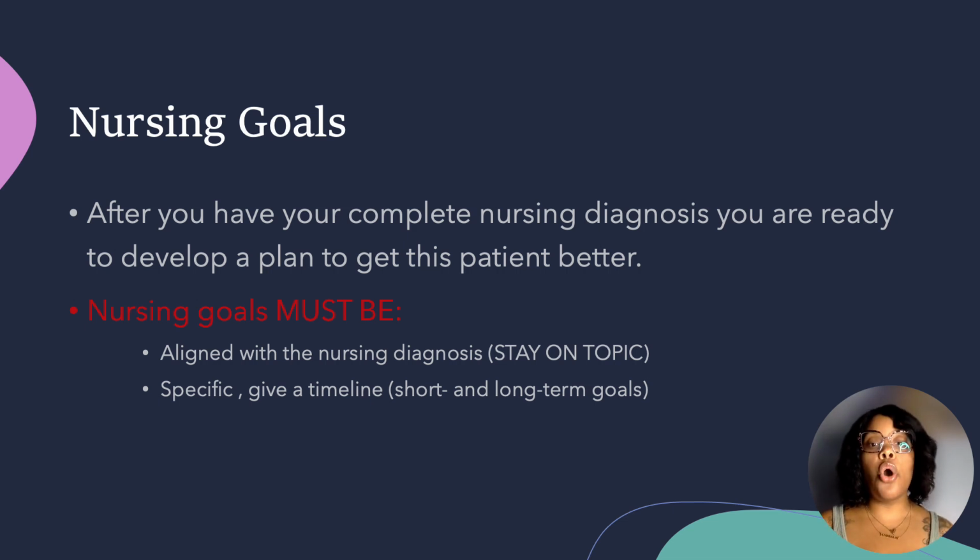But with your nursing goals, you want to be detailed. So let's say with our patient who has impaired swallowing, our nursing goal short term could be patient will not have any signs of aspiration during my clinical shift, right? So that could be a goal.